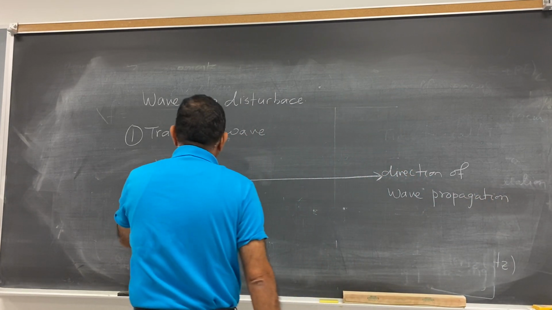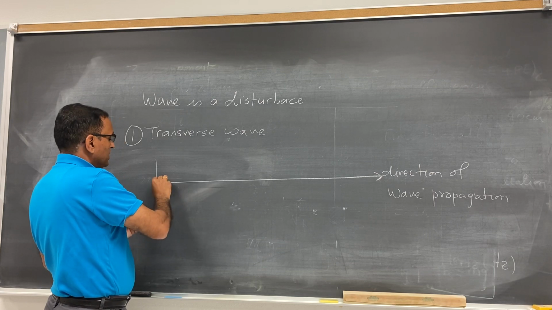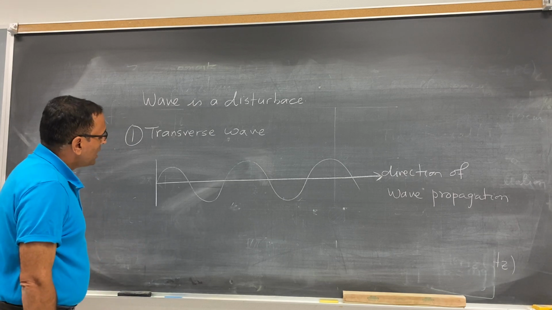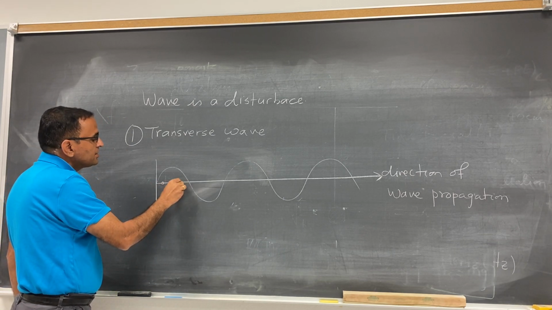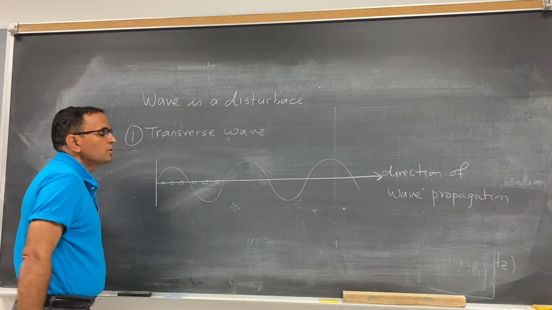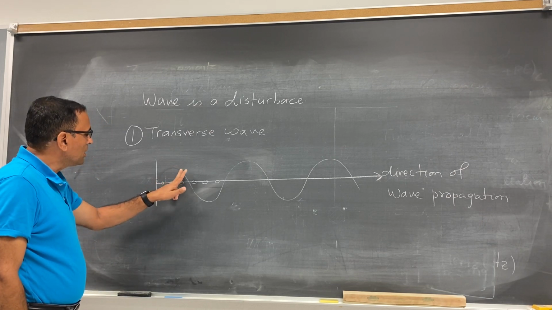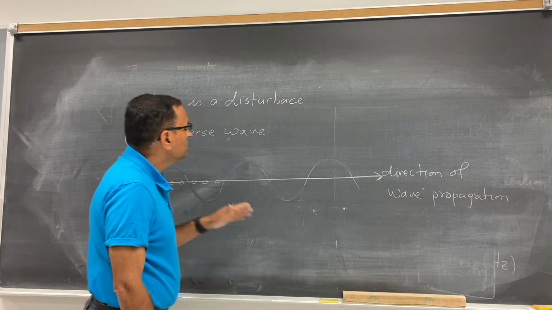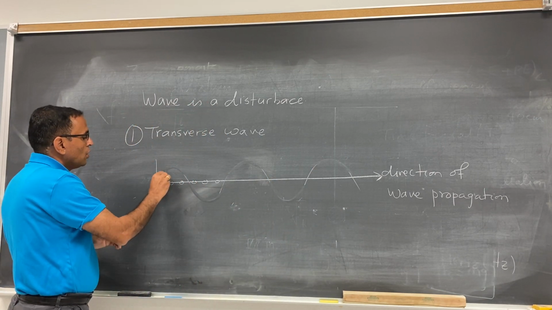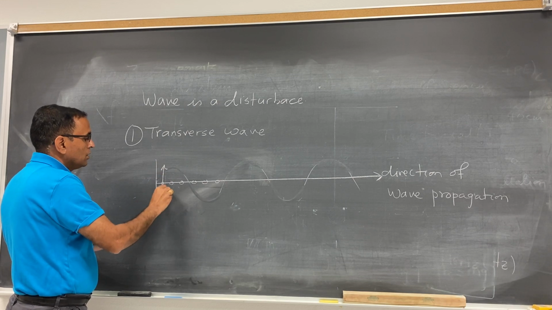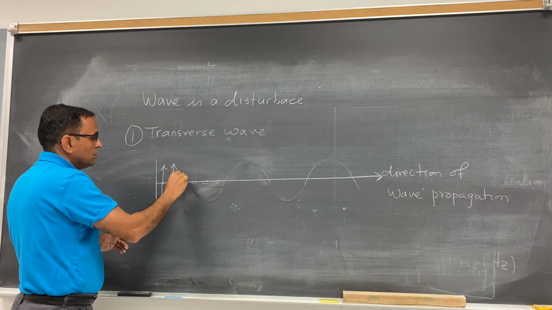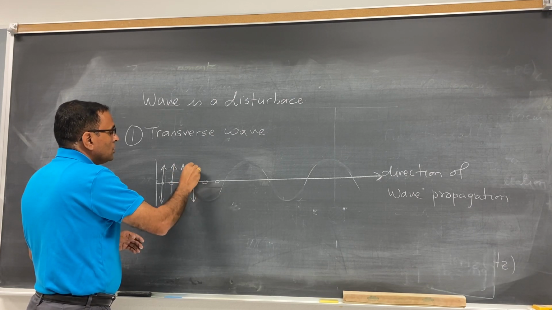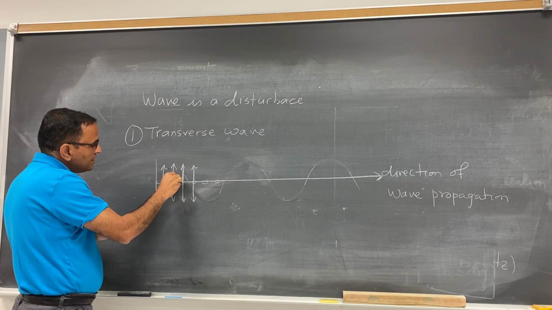And this is the string, and the wave goes something like this. There are thousands of string particles like this. You don't have to draw this right now. What happens is the particle vibration is up and down, up, down, like this. So the particle vibration angle is 90 degrees.